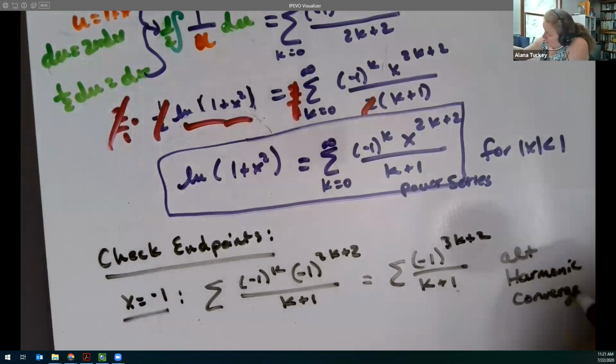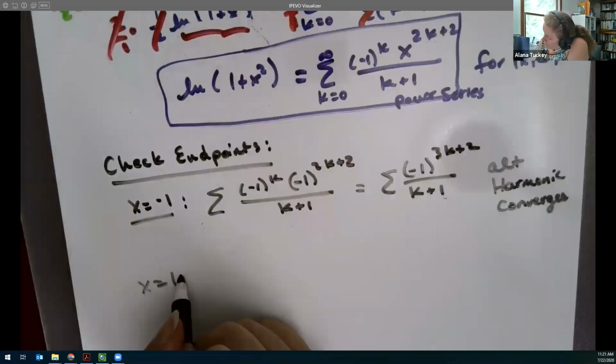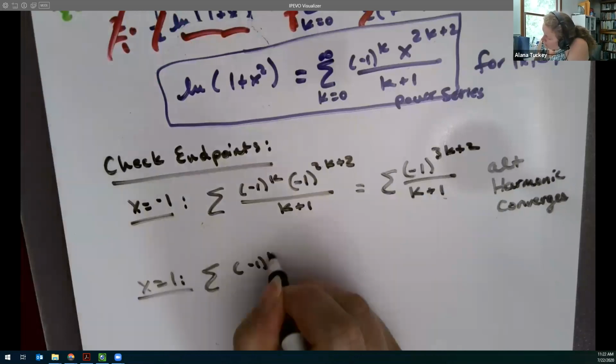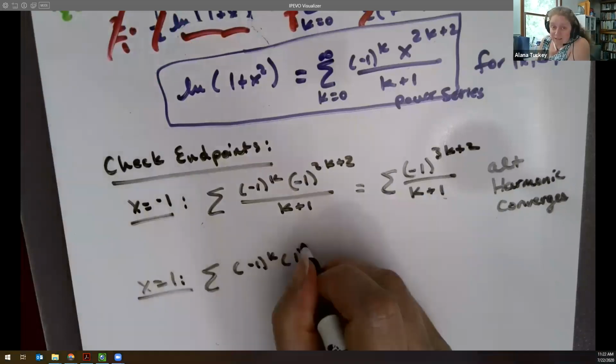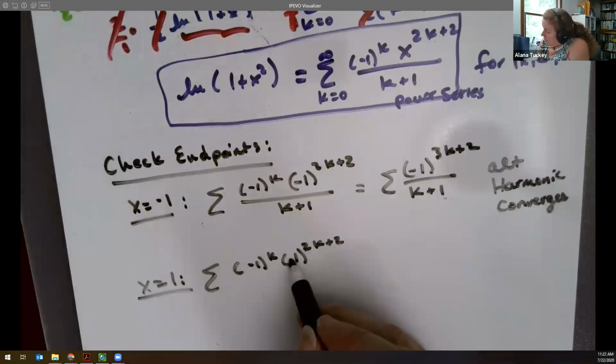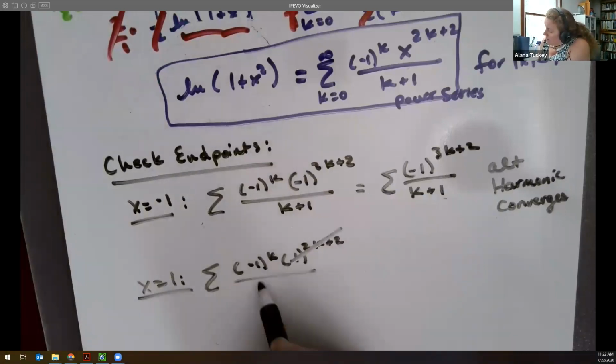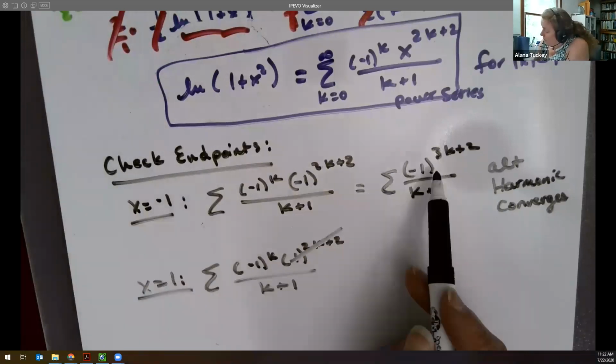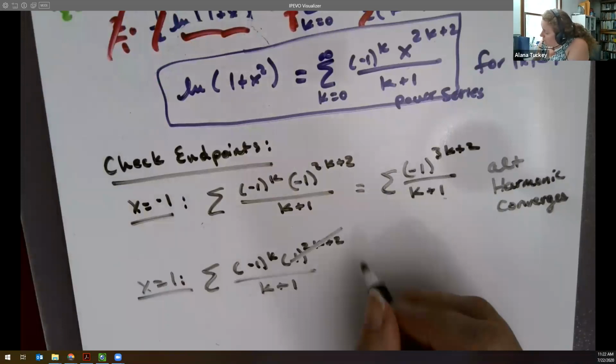Okay, and then if I put in x equals 1, I have -1 to the k, 1 to the 2k plus 2. Well, 1 to the anything is just gone. Over k plus 1, which again is the alternating harmonic series. It alternates slightly differently, but it's still an alternating harmonic series. So therefore, it converges.